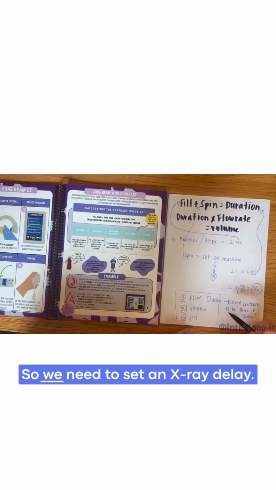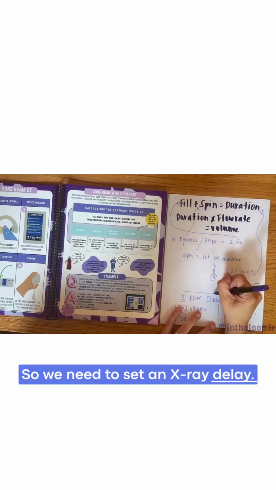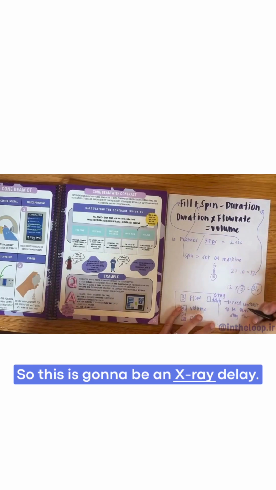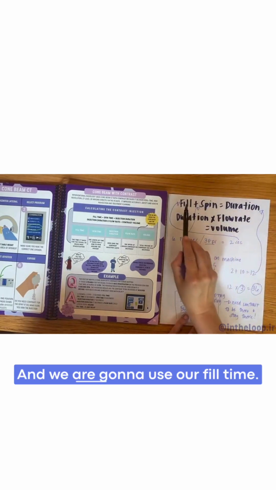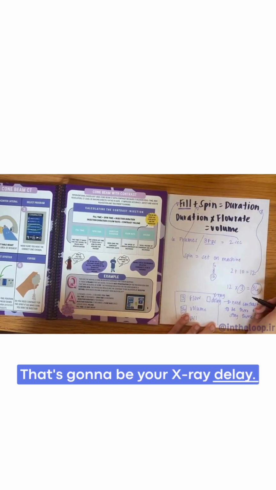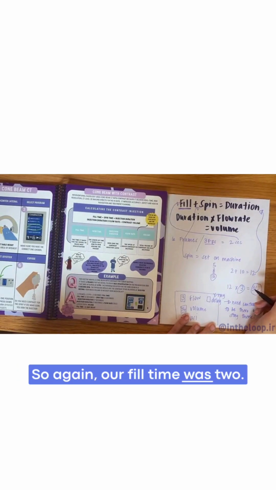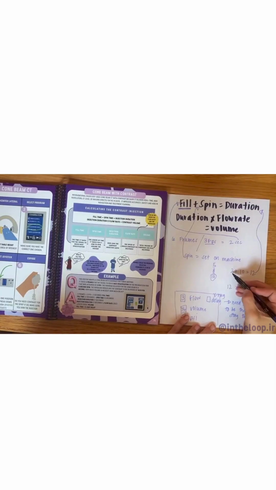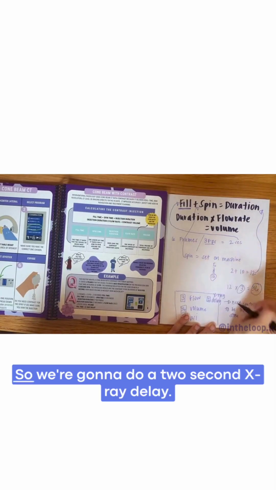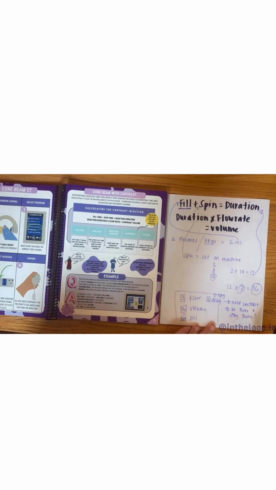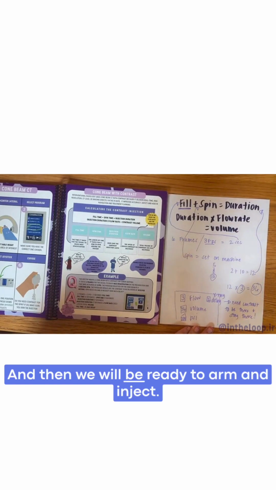So we need to set an X-ray delay. We're going to use our fill time, and that's going to be your X-ray delay. Again, our fill time was 2, so we're going to do a 2-second X-ray delay. And then we will be ready to arm and inject.